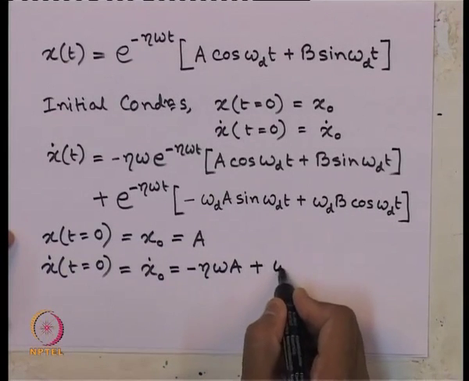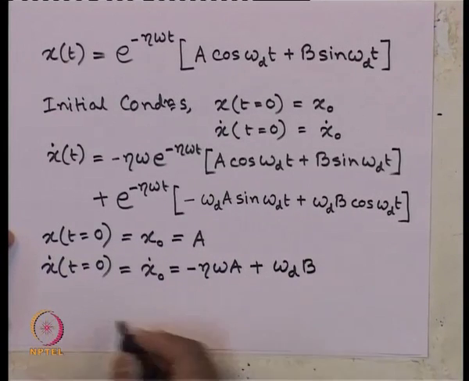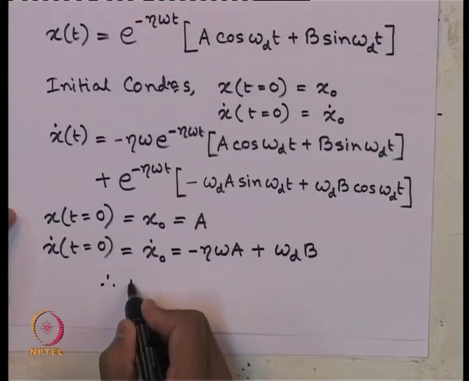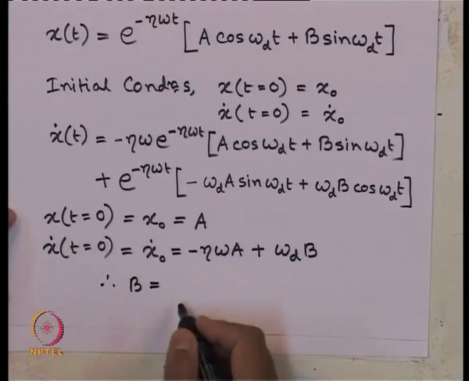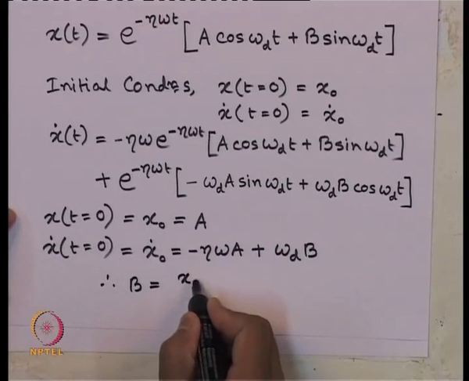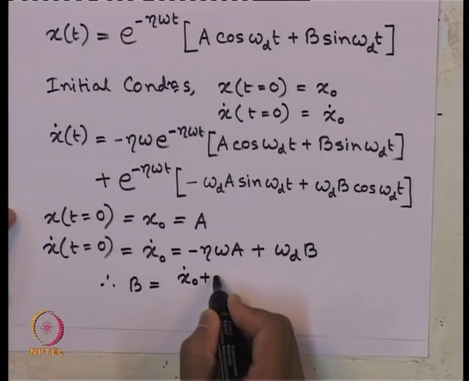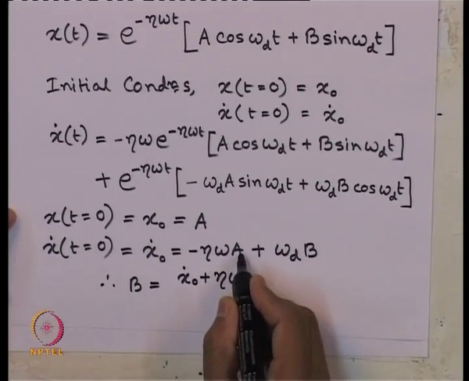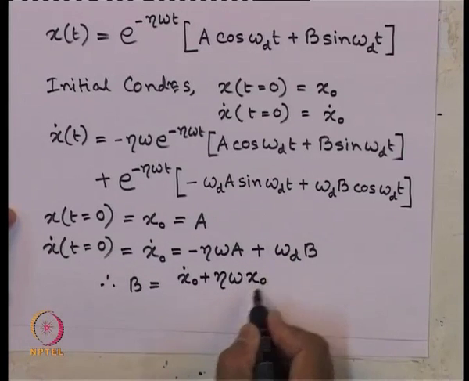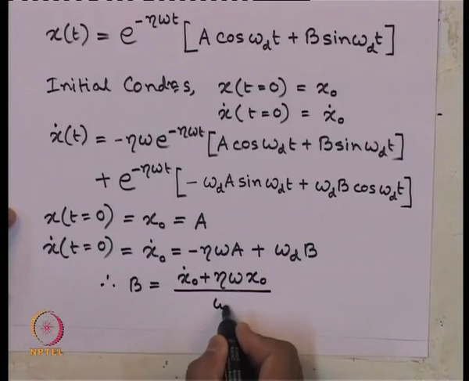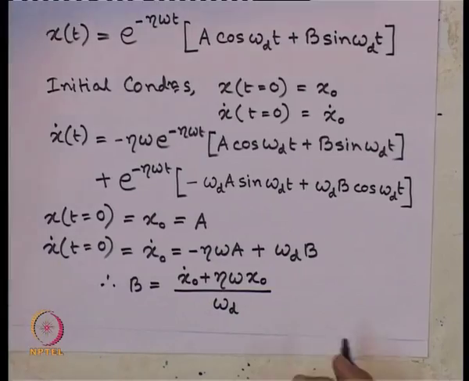So, we get omega d b, which means the constant b will be x naught dot plus eta omega a, where a is x naught, divided by omega d.